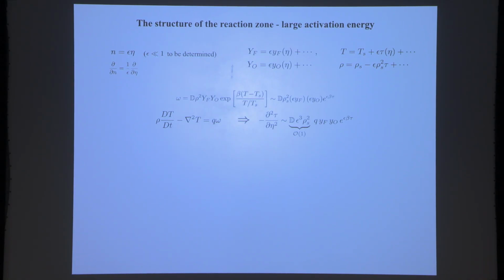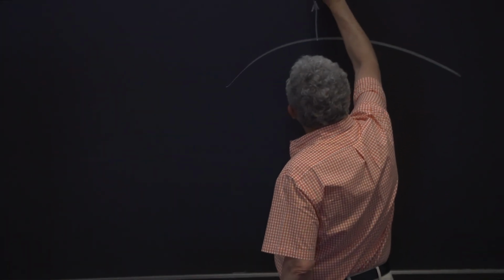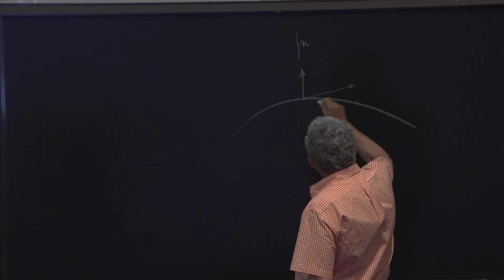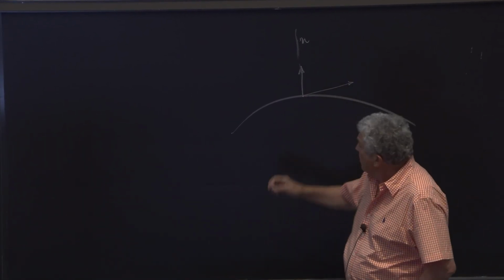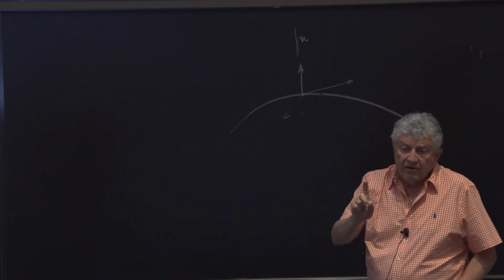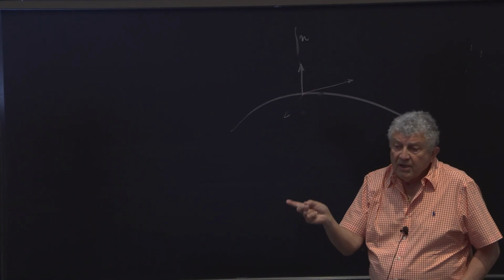And by the way, I hid in this discussion something not totally obvious or trivial: when you have in general an interface like this, and you are considering the normal as one of your coordinates, really you are considering a different coordinate system which is attached to this point at the surface. And in fact, that coordinate system is not fixed.